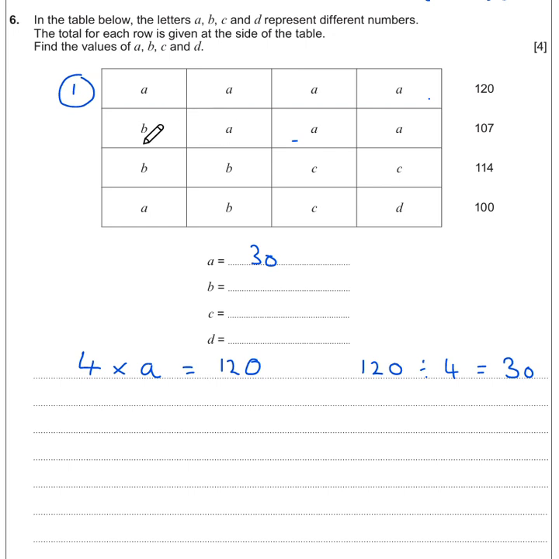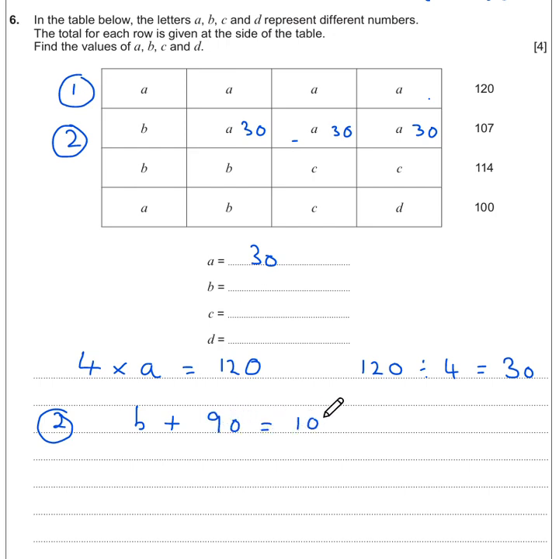Okay, so let's have a look at line number 2 now. So now we've got B involved, and we've got A here, which is 30, isn't it? A, which is 30, and A, which is 30. So we've got B plus 3 lots of 30 are going to give us 107. So B plus 30 and 30 and 30 is going to give us 90.